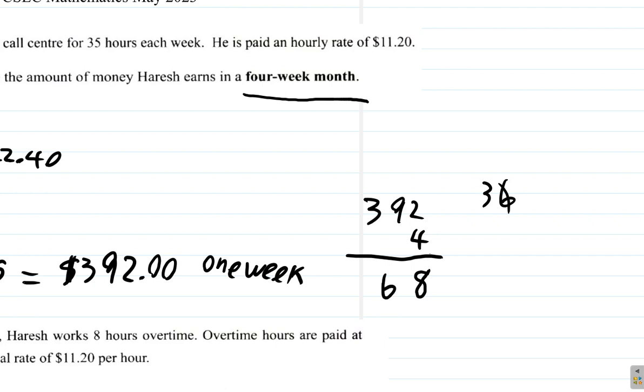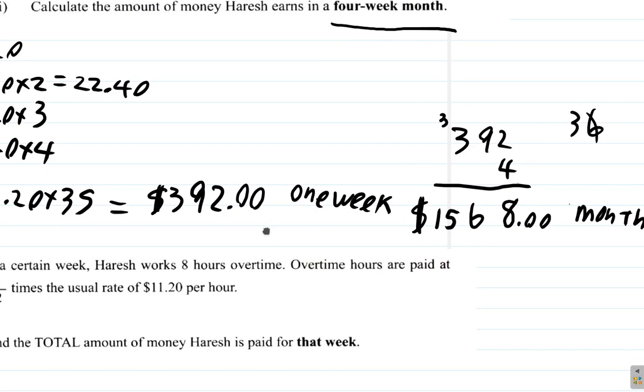Bring down the 6, carry 3. 4 3s, 12, 13, 14, 15. So he earns $1,568 for the month. Alright, good. Is that what you got when you worked it out?